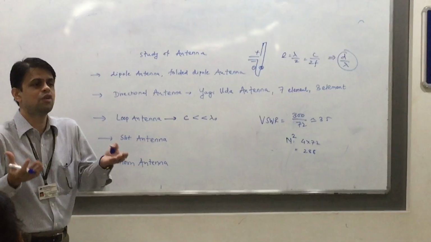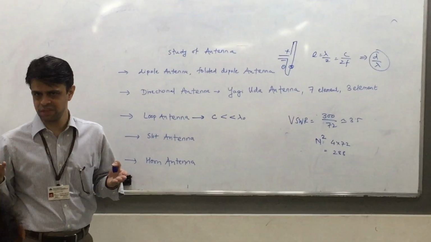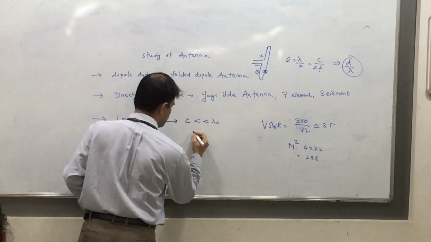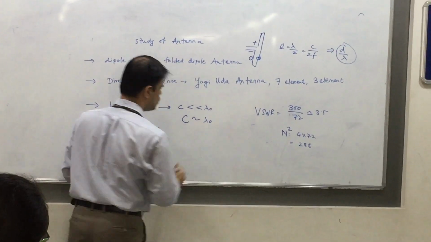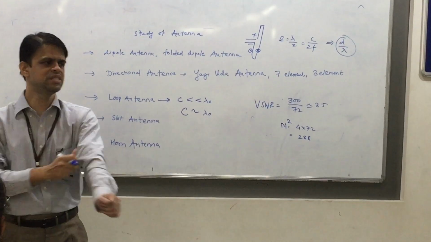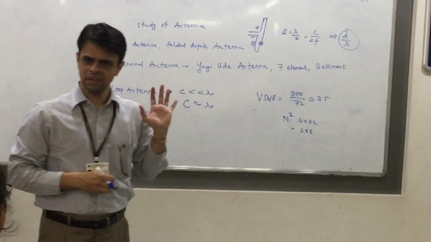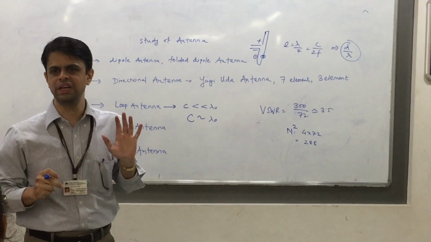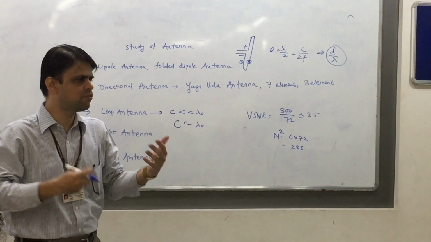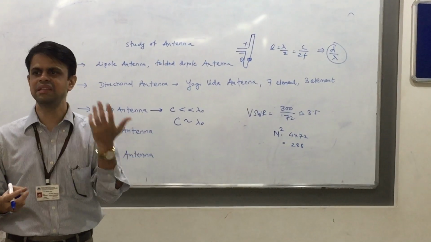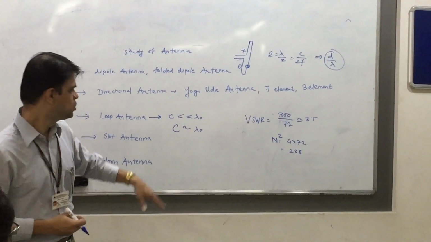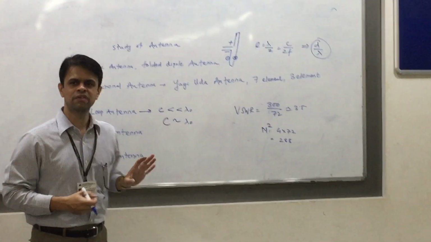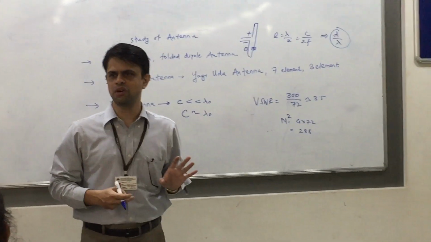That's why it is a smaller loop antenna. Everything is wavelength specific. Whereas in a larger loop, it is equal to lambda. That is called a larger loop, and the radiation pattern changes accordingly. More details on that, of course, we are going to cover in the theory classes. So these are the 2 types of loop antenna.